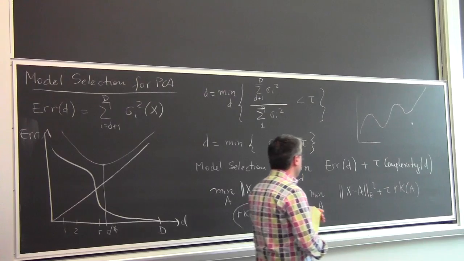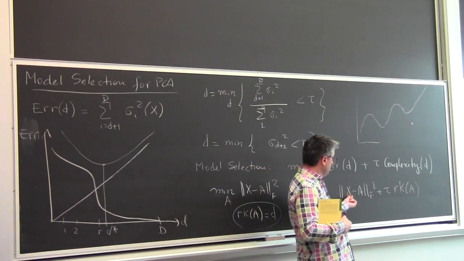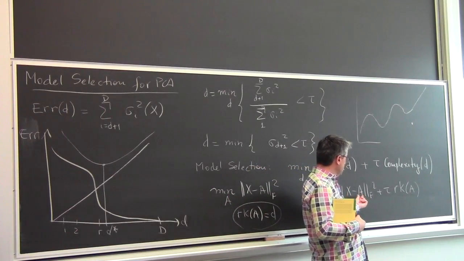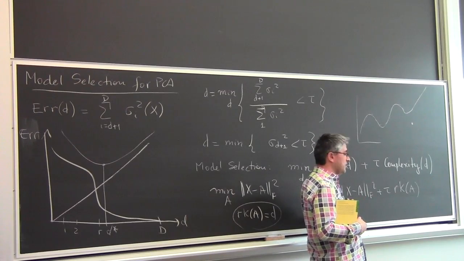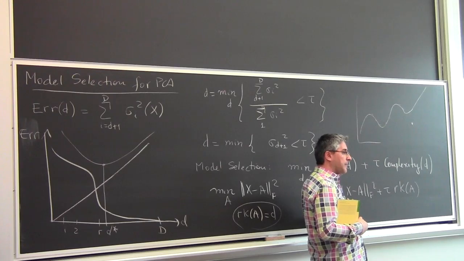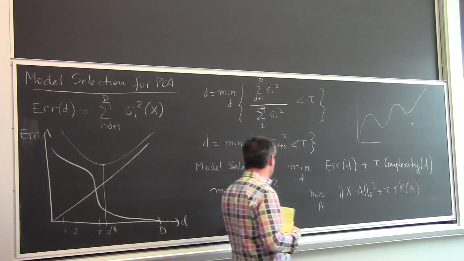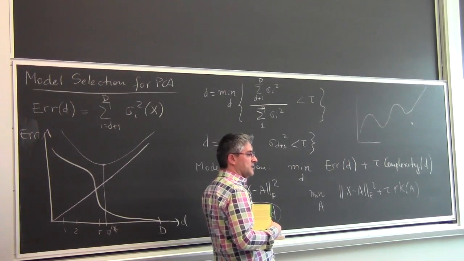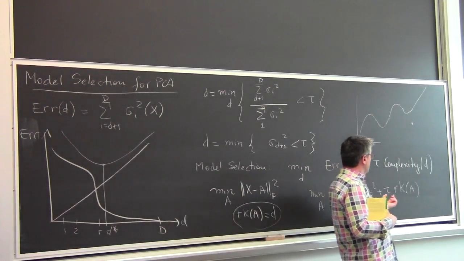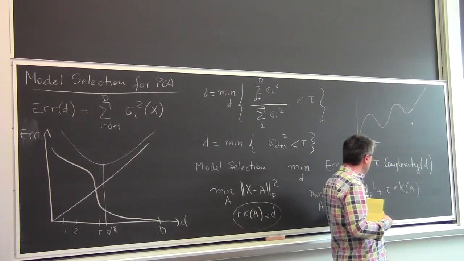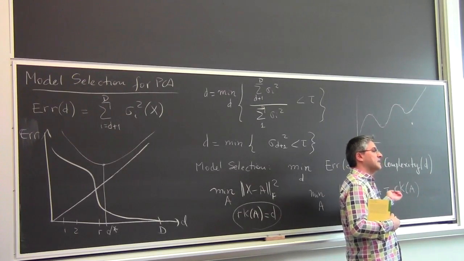So in that way, the idea is, given the data matrix, find another one that is close to it, as measured by the Frobenius norm. But instead of saying choose A to have a fixed rank D, this says among all possible A's, also penalize the rank of that selection.